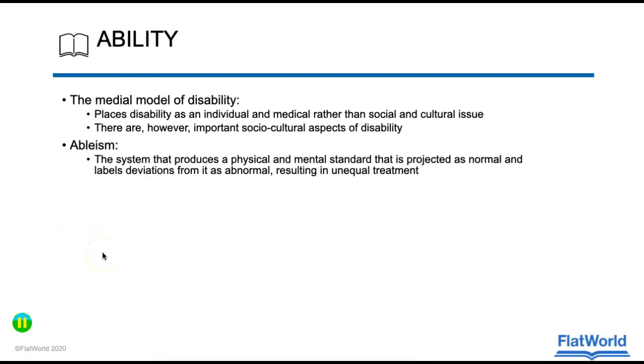Ability, right? What is your ability based on disability or medical or otherwise? And ableism is the system that produces a physical or mental standard that is projected as normal and labels deviations as abnormal, resulting, of course, in unequal treatment. A lot of this you've seen improve from the perspective of school and what people go through in society. However, there's still a ways to go.